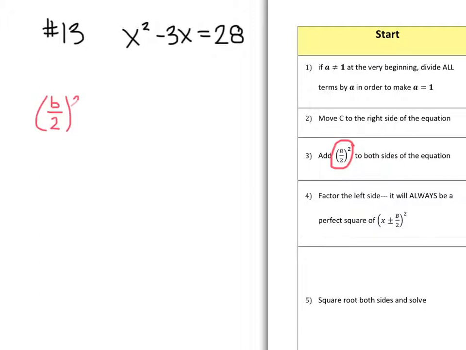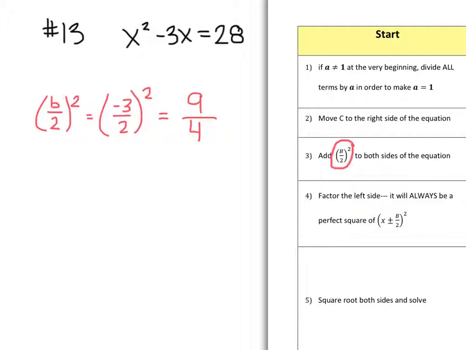Well, what's b? -3. So we have -3 over 2 squared. Can we reduce that fraction any? No. So just square the top and square the bottom. What's -3 squared? 9. And what's 2 squared? 4.